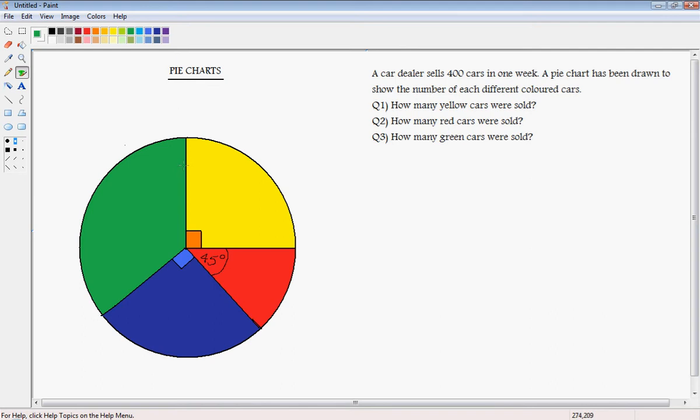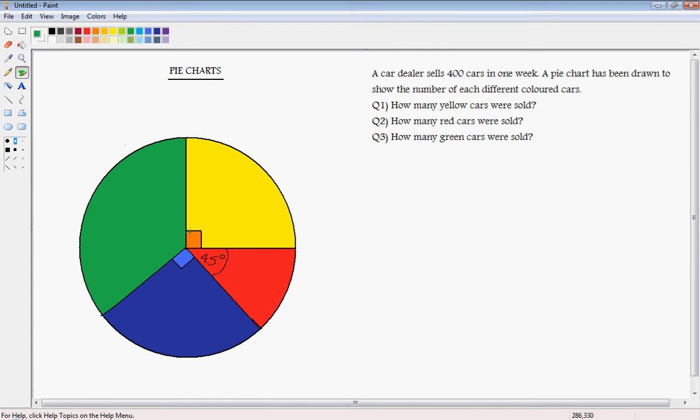It's been divided up into slices, and each slice represents the number of each of the different coloured cars. If you're not aware of it, if you see this little square in the corner, that means it's a right angle, and a right angle is 90 degrees.